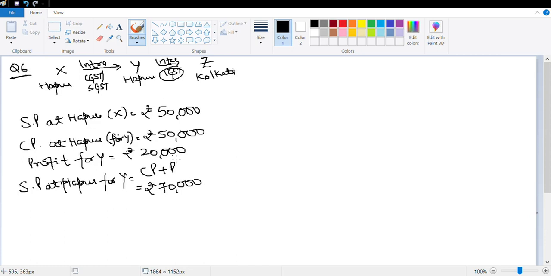Calculate at a profit of 20,000, the output at Y. Net GST paid by dealer Y. Perfect. So CP for Z will be equal to rupees 70,000.